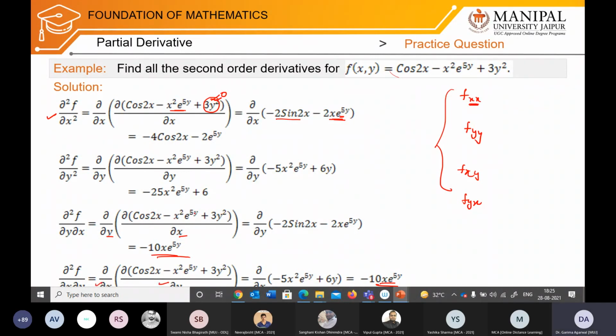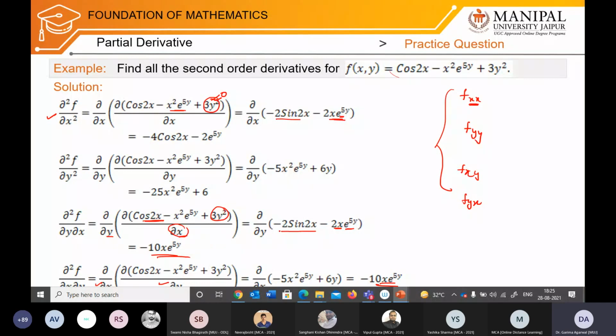I'm sorry, differentiation of cos 2x will not be 0 because we are differentiating with respect to x only. So differentiation of cos 2x is minus 2 sin 2x. Differentiation of 3y square is 0 because we are differentiating with respect to x and y is constant.